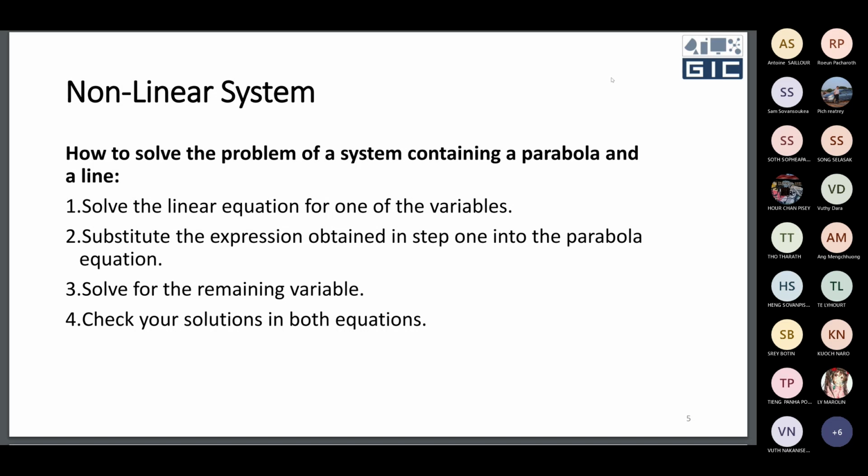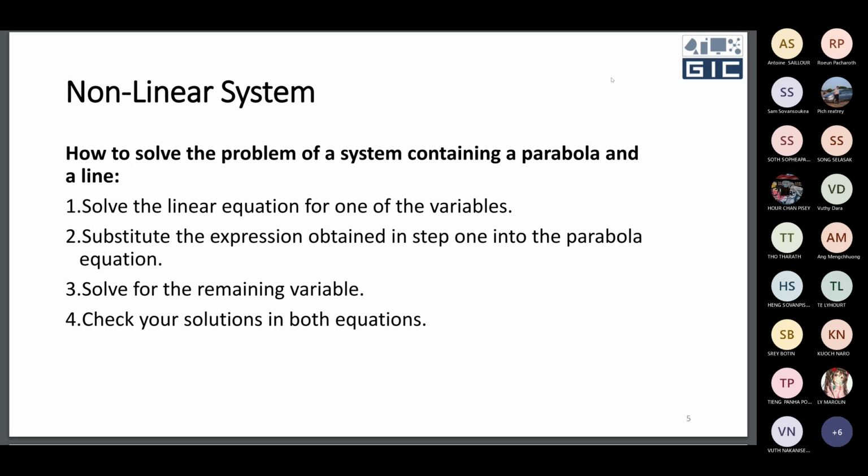After that, you substitute that expression into the other equation. For example, you replace the variable that you have found into the other equation. After that, you will find the value of the single variable and check it against the remaining variable. So at last you will get your solutions.